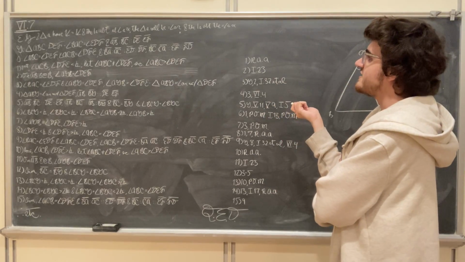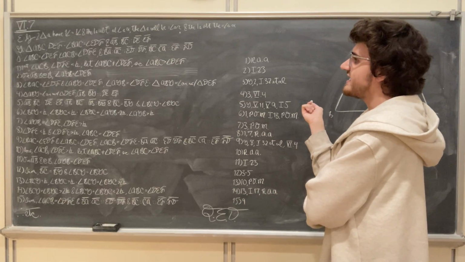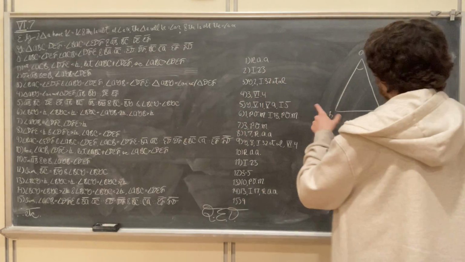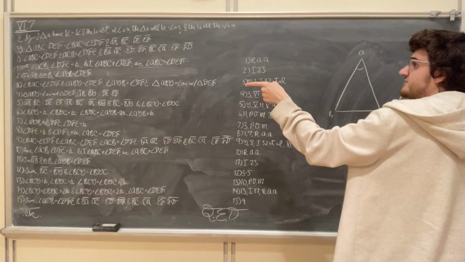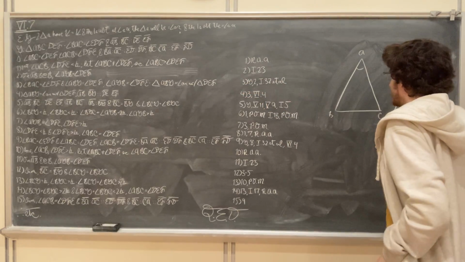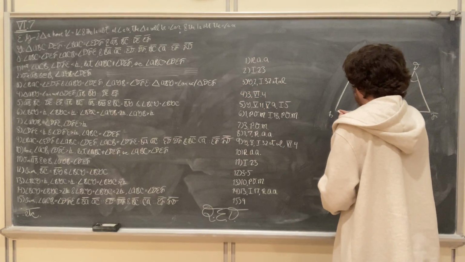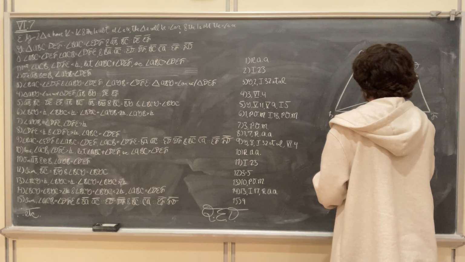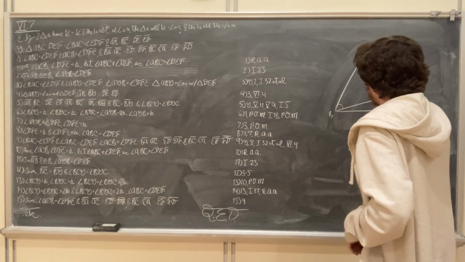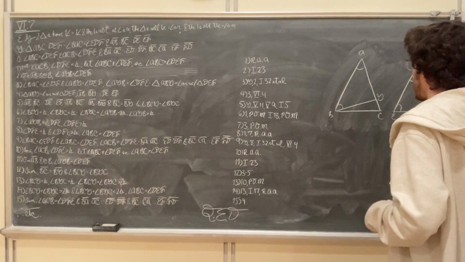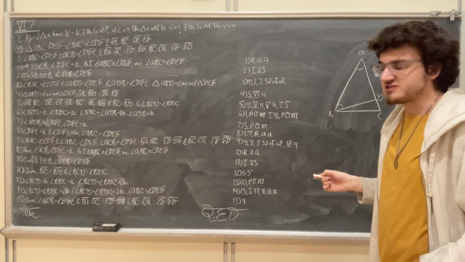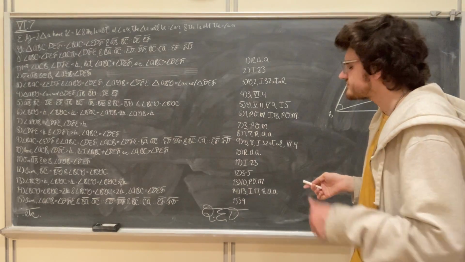But angle ABC being greater than angle DEF, then on the straight line AB, and at the point B on it, we can make the angle ABG, like that, which is equal to the angle DEF. We're going to do that by proposition 1.23, of course.